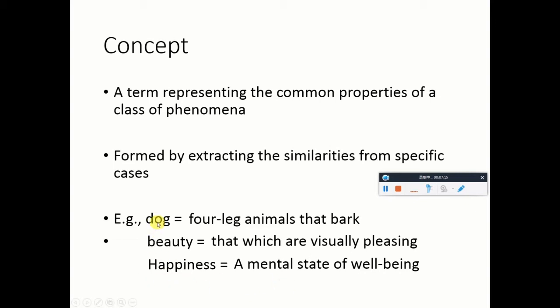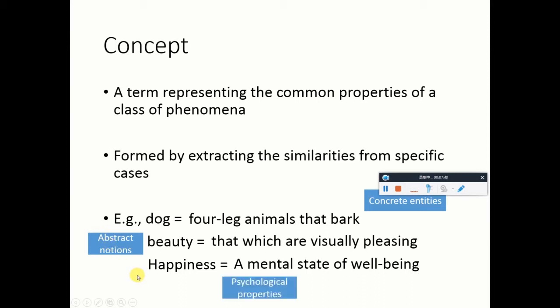So in these three examples, we have dog, beauty, happiness. So these are concepts. A word, right? That's one word, another word, a third word. So a word to represent something that's either very concrete or something that's a little bit more abstract, or something that is very psychological, something that we do not have direct observation of.